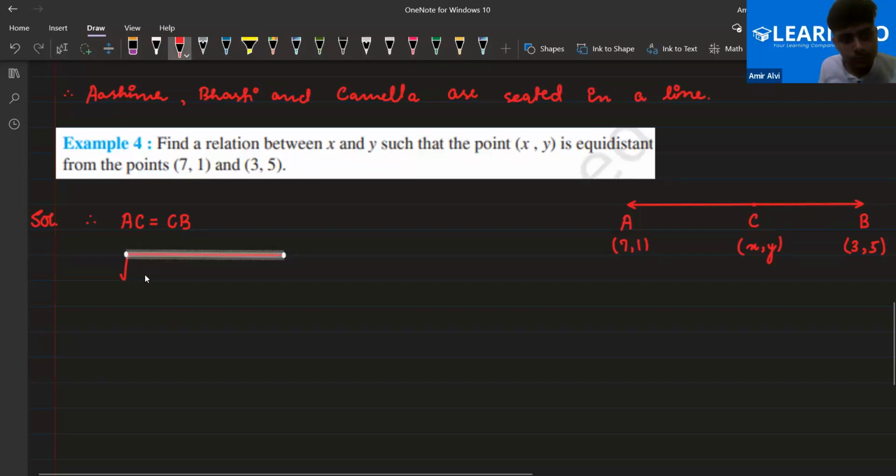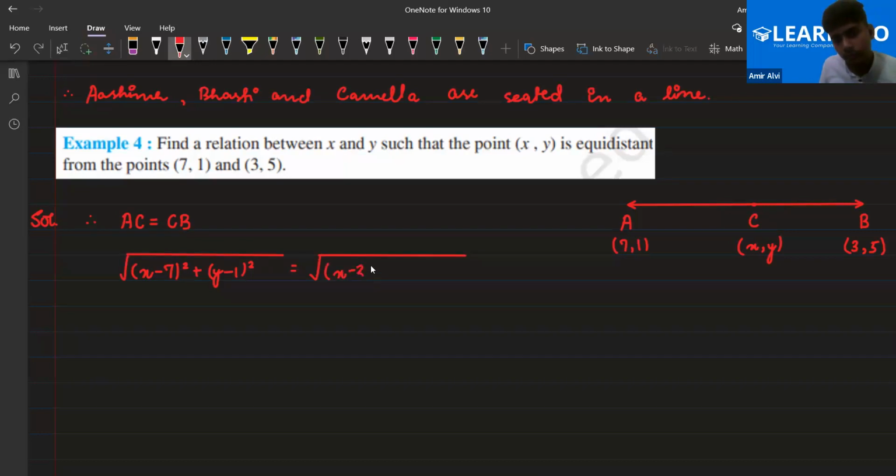So that would be the square root of (x minus 7) whole square plus (y minus 1) whole square, is equal to the square root of BC, (x minus 3) whole square plus (y minus 5) whole square. Is that clear to you, Gianna? That's how you calculate the distance between the 2 points. Yes or no? Yes, sir.